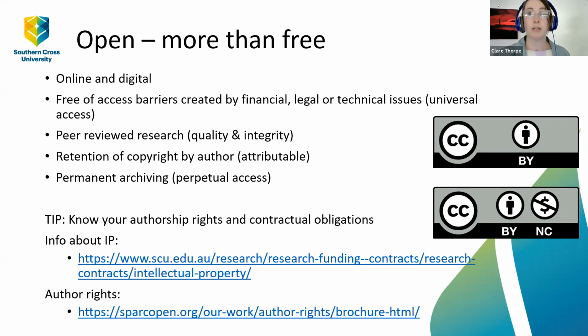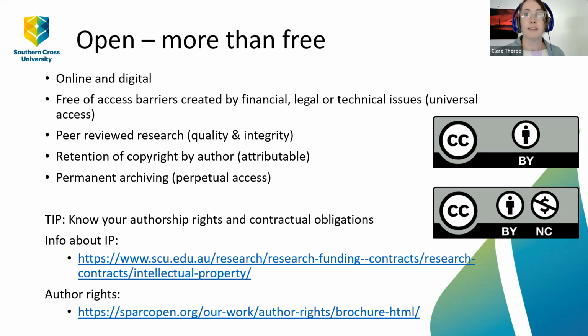As I said, this is very much about supporting you to publish in high quality. So we are definitely in support of your research integrity and making sure that you are publishing in peer-reviewed high quality publications.